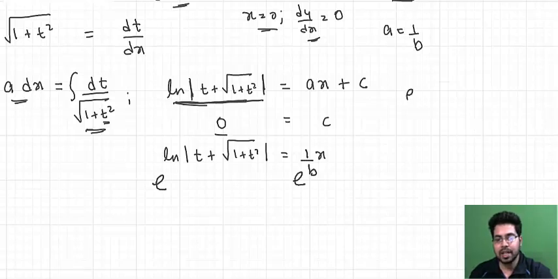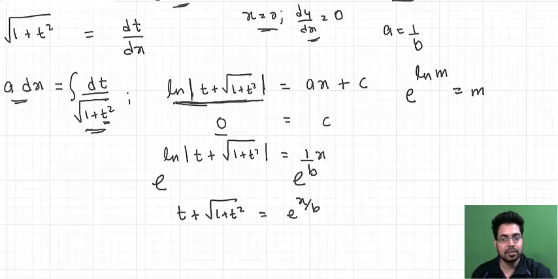And we know that e to the power ln m is equal to m. So this would become t plus root under 1 plus t square equals e to the power x by b.